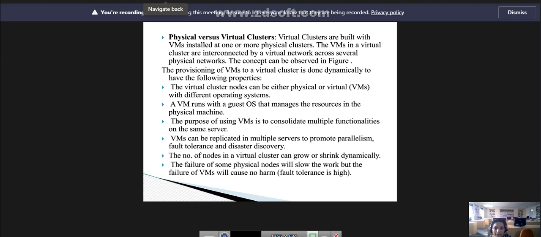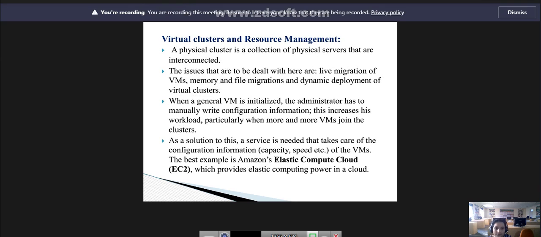Here we will study some critical issues of the virtual clusters: live migration of virtual machines, memory and file migrations, and dynamic deployment of virtual clusters. When a general virtual machine is initialized, the administrator has to manually write the configuration information.